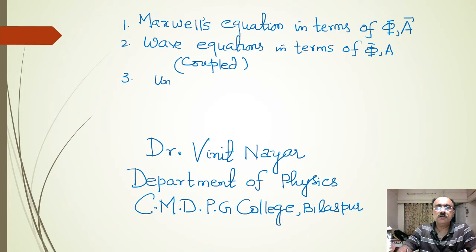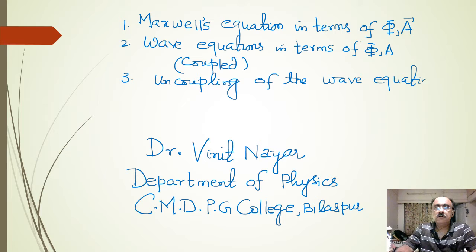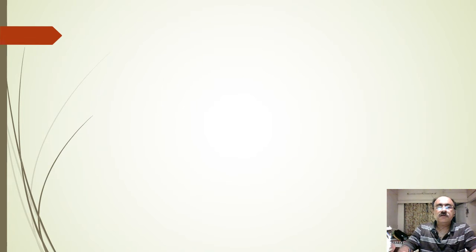So the third point of our lecture will be the uncoupling of the wave equations. Uncoupling of the wave equations means we have to get a separate wave equation, one for A and the other for phi.